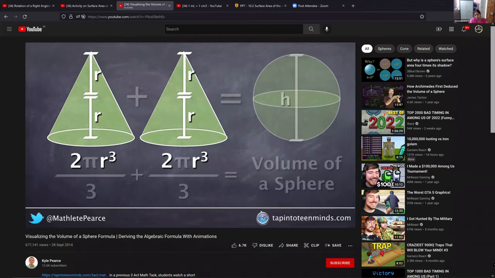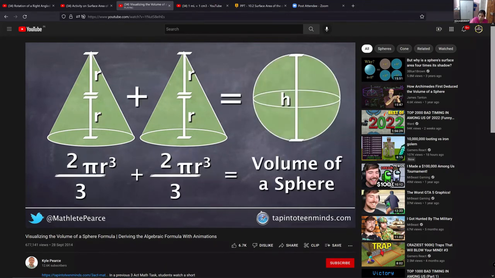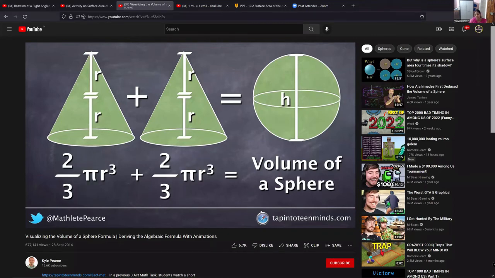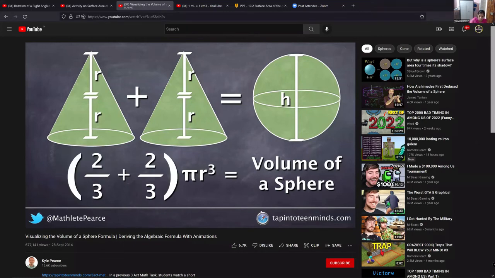So volume of the cone is 1/3 of the volume of the cylinder, and volume of the sphere is equal to 2 times the volume of the cone, provided height of the cone is the same as the diameter of the sphere. This you could try, teachers, so that they'll easily recall all the formulas.